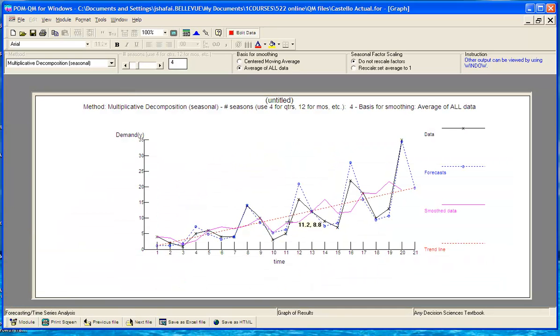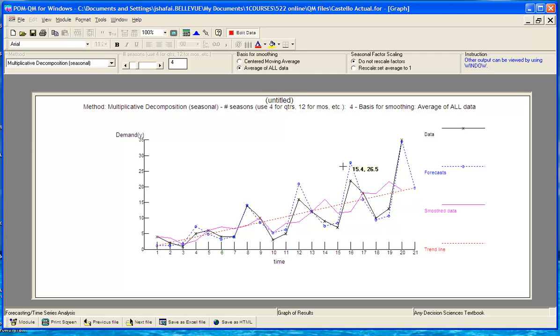The black line is the actual data. The straight red line that you see through it, that's the trend line. The pink line that you see over here, I hope you can see it on the screen, that's the deseasonalized data.